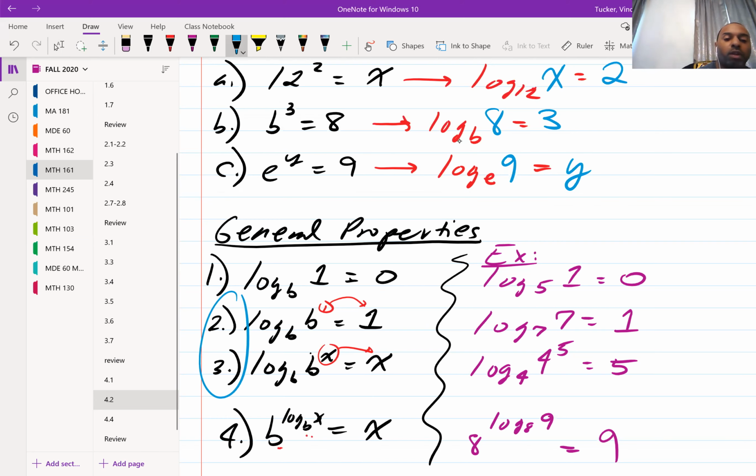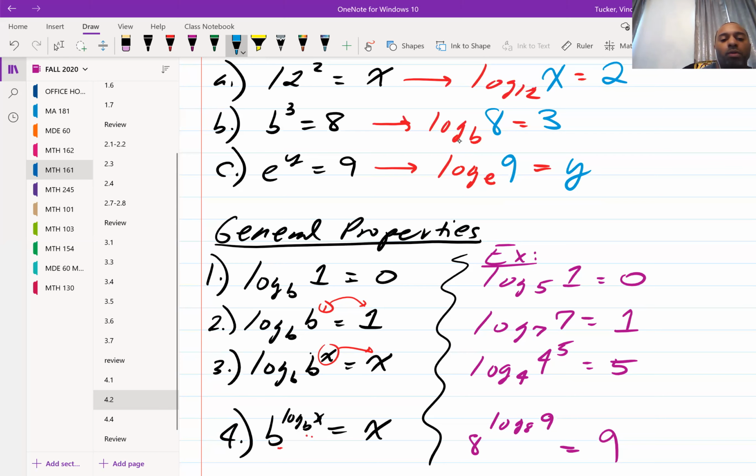So in other words, if you have log base b of b, that's going to cancel out or reduce down to 1. But the main reason is because our exponent is 1. But log base b of b to the x will reduce down to x because our exponent is x. So basically, if you have the same base on your log applied to a number that has an exponent, or just a regular number that is the same number, that will reduce down to whatever the exponent is.